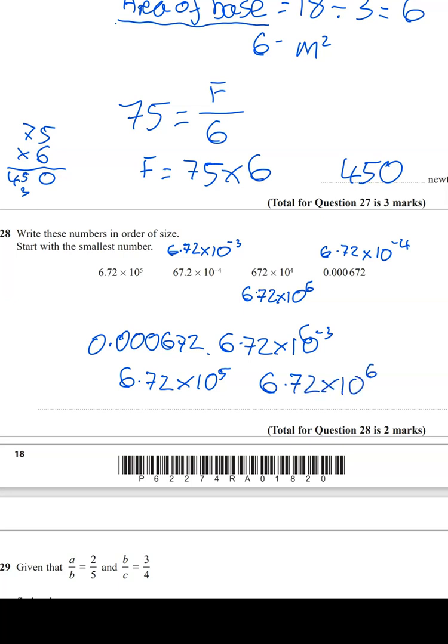Okay, and that's because obviously the powers are getting bigger. Actually, I'm trying to put them all in the format that they've used, so this is 672 times 10 to the 4. So I've just put them in the format they've used. I've used standard form to stick them in order.